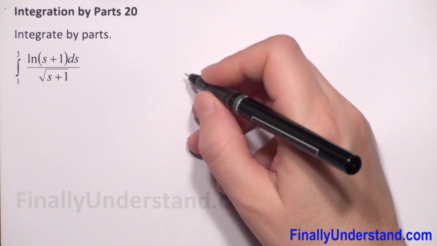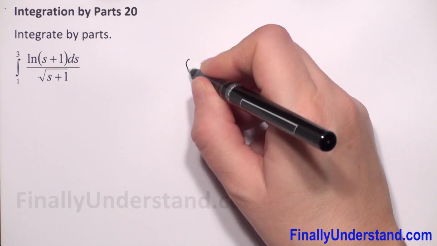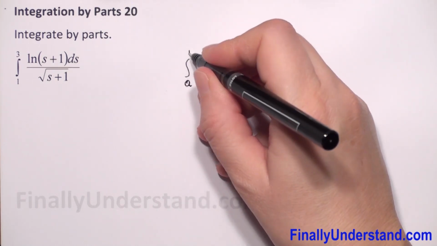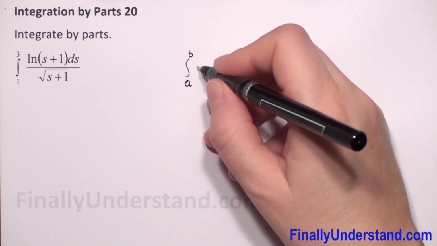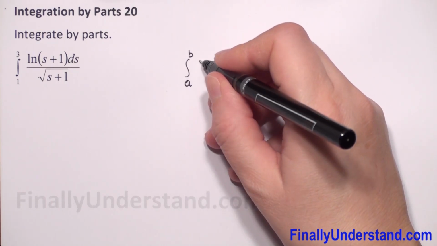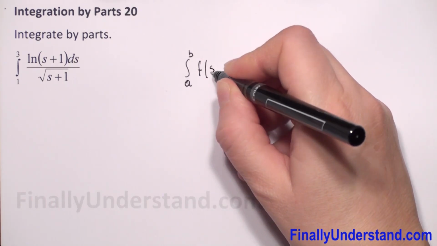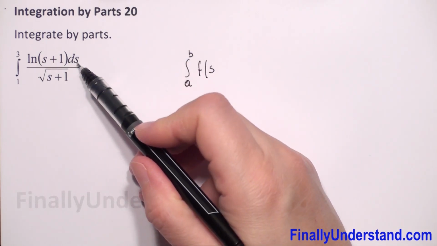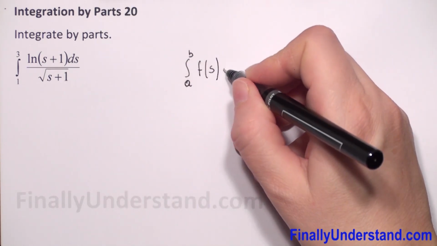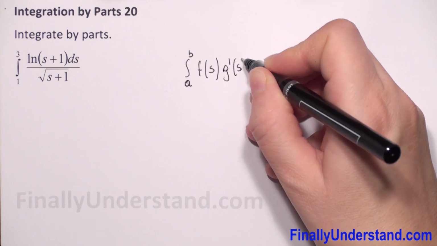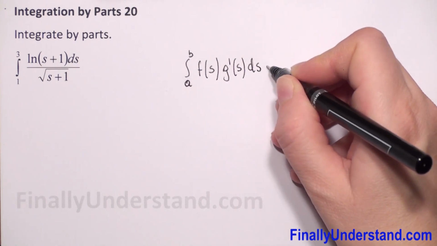We have definite integral from a to b of the product of f of s, because in this case we have integral with respect to s, times g prime of s with respect to s.